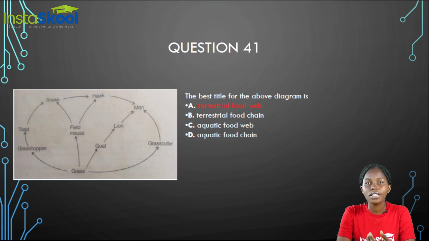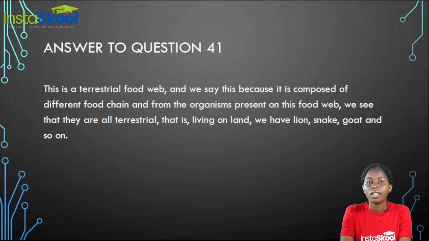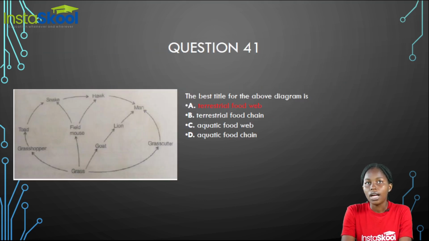The best title for the above diagram is dash. So what do you see from this diagram? This diagram shows a food web. And from the organisms that are in this diagram, we have hawk, we have lion, we have goat, we have grass, and so on. These organisms are terrestrial organisms, that is, they live on land.